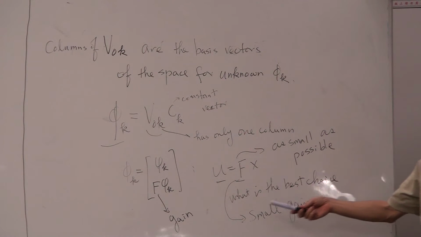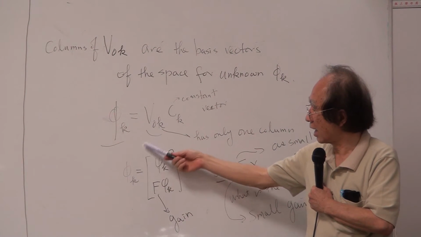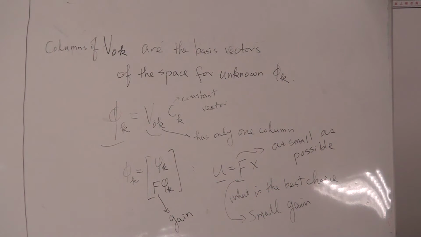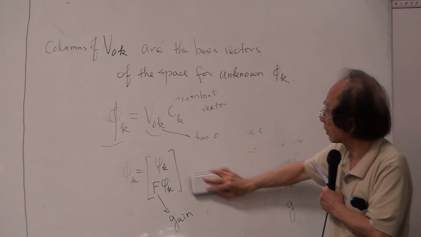All right. But inside that Vk, I have my psi k and f psi k. That's my Vk. If you look at my screen here, Vk has two parts. The first part is n by 1, and the second part is r by 1, but I need to explain this one now.